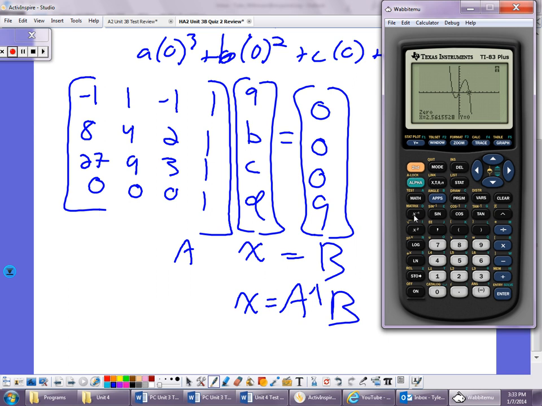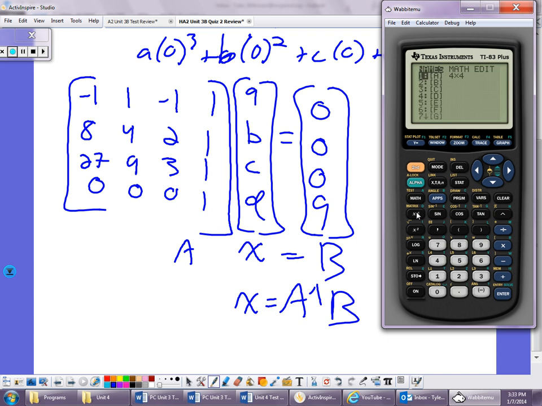So I'd go to second matrix, edit, and I'm entering in a 4 by 4. I'm just going to go ahead and enter everything in: negative 1, 1, negative 1, 1, 8, 4, 2, 1, 27, 9, 3, 1, and 0, 0, 0, 1.